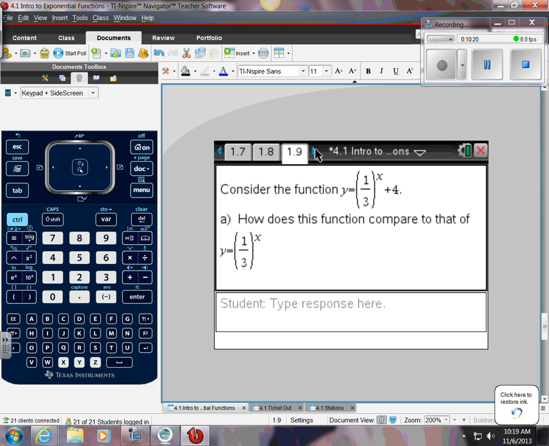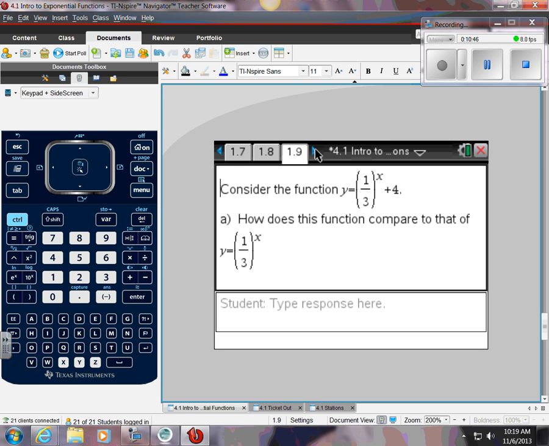All right, so let's look at something a little bit different. I've got 1/3 raised to the x plus 4. Okay, what's happening to this function here? I'm adding 4. What does that do? What am I adding 4 to? Yeah, I'm adding it to the 1/3 raised to the x.